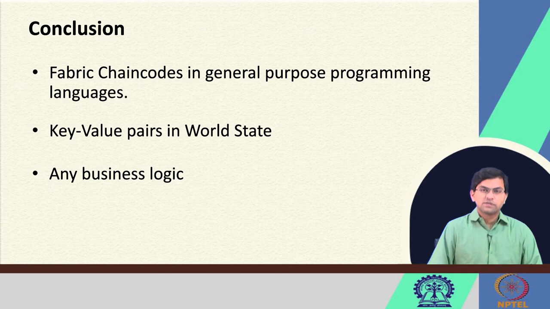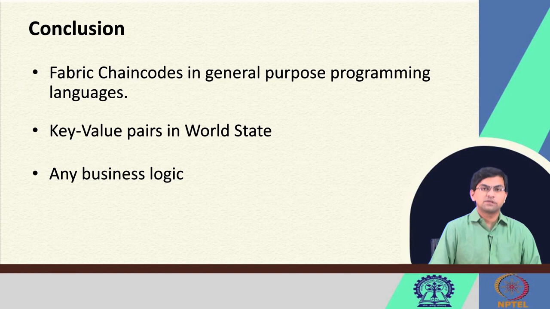Concluding, we saw that we can use Hyperledger Fabric chain codes in general programming languages. Unlike Solidity in Ethereum, we can use Go, Node.js or Java to write Hyperledger Fabric chain codes, and you can use the get state and put state APIs to implement any kind of business logic.